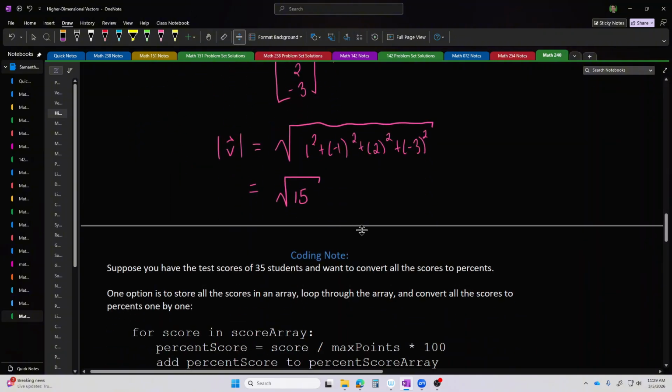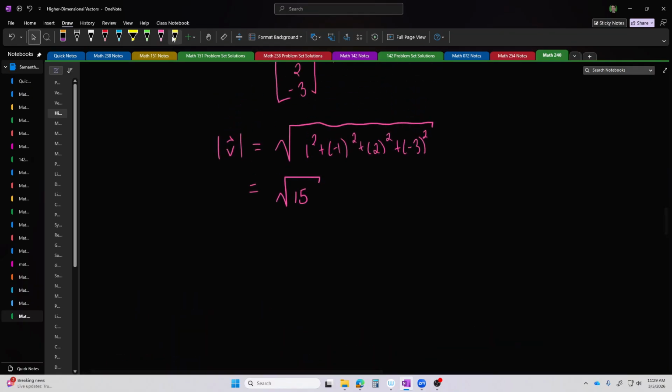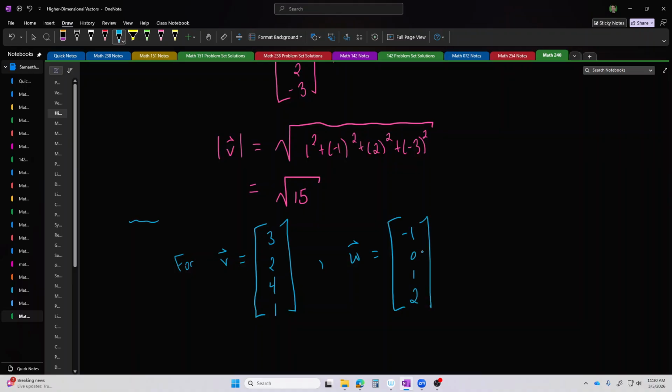And likewise, dot product and projection and everything else, that works exactly the same in higher dimensions as it works in 2 and 3 dimensions. So let's define, for example, a column vector v who has 3, 2, 4, 1 in its entries, and w which has negative 1, 0, 1, 2 in its entries.